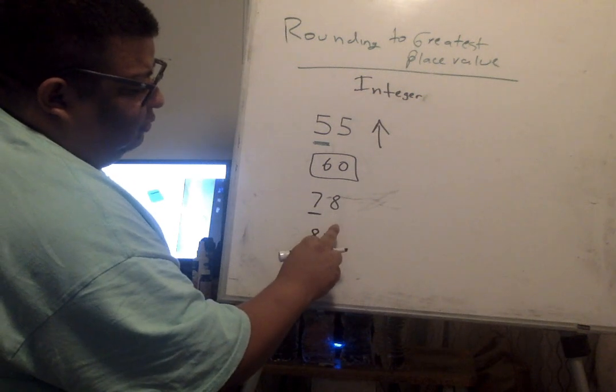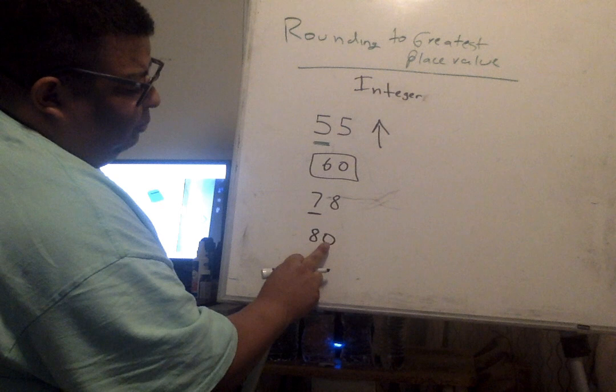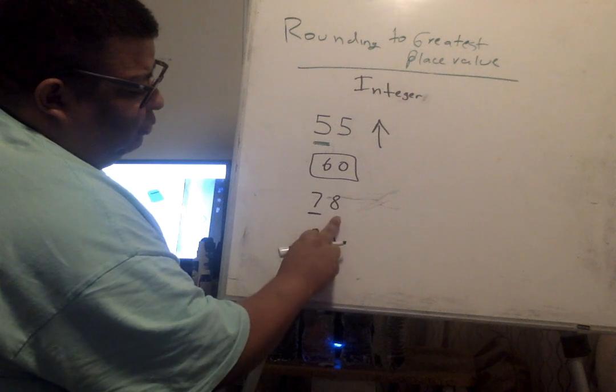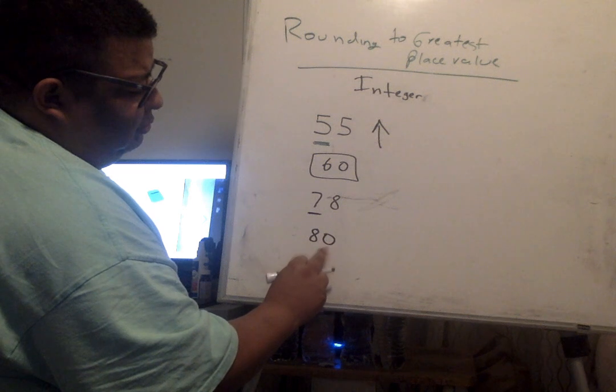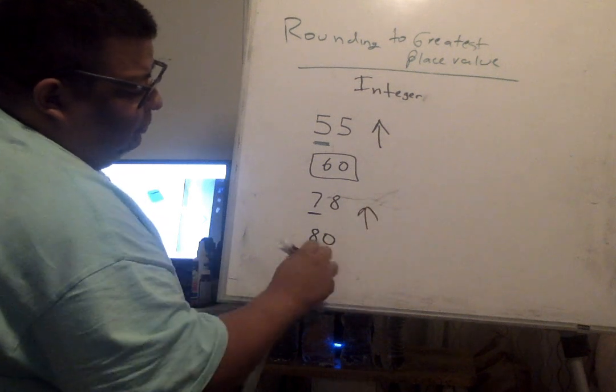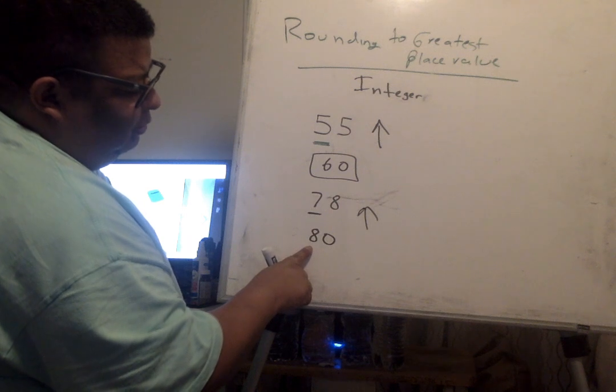So what you have to do is this. You round up, so you have to put a 0 instead of the next one, and then you move 1 unit up of the greatest place value.